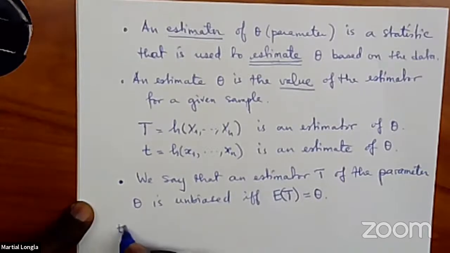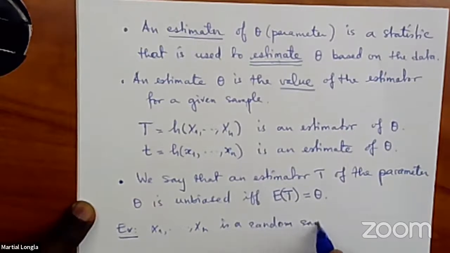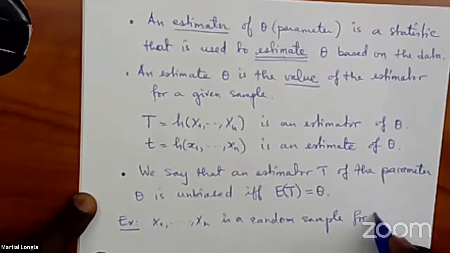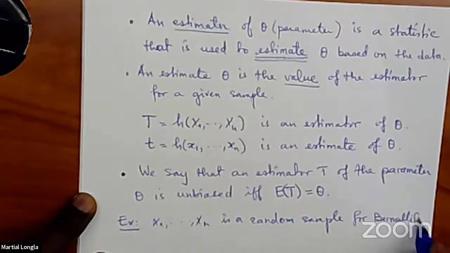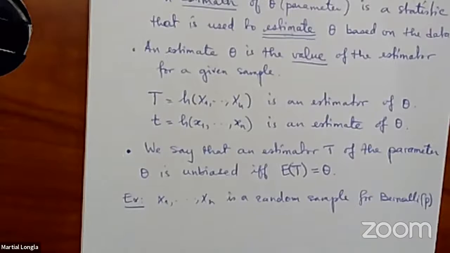Example, let's say x1, ..., xn is a random sample from Bernoulli with parameter p.